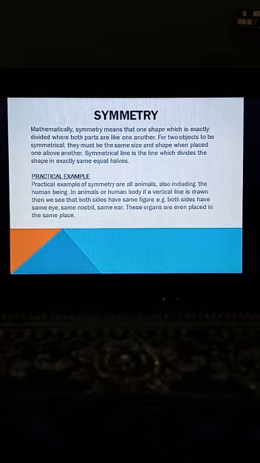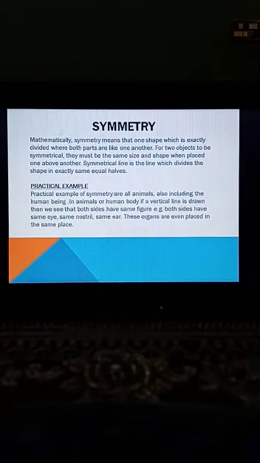When we place them on one another, they completely cover each other. So we will say that these pictures are symmetrical.